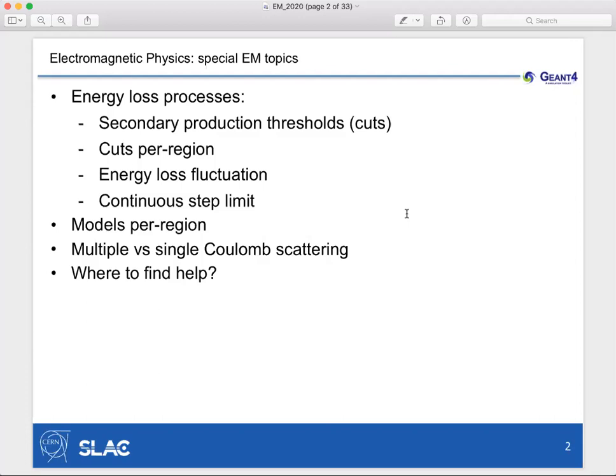And one important thing in the intermediate and high energy physics simulation is how you describe Coulomb scattering of especially electrons and positrons. Because this can change many, many things regarding the speed of your simulation and the accuracy of your results. So I would like to say a couple of words on that.